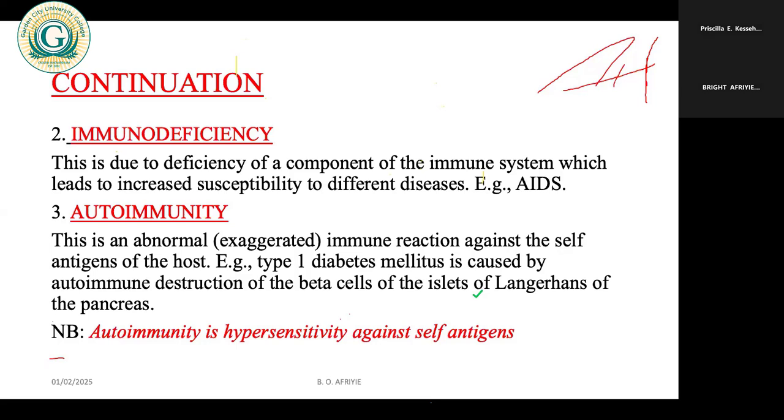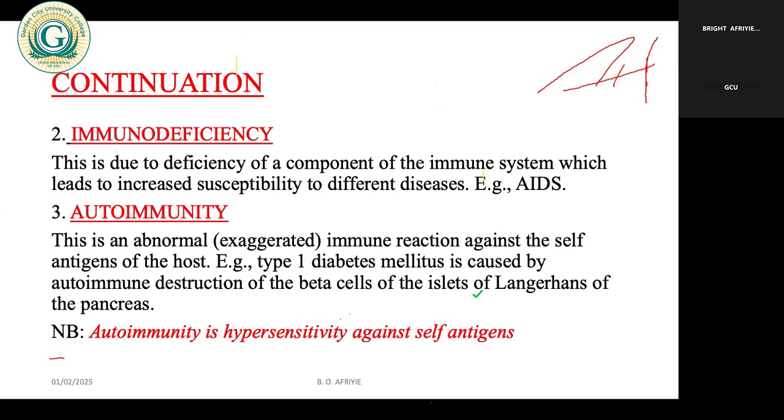If that becomes the case, then when it comes to that particular infectious agent, the person will not be able to deal with it because they are not able to produce those immune cells.